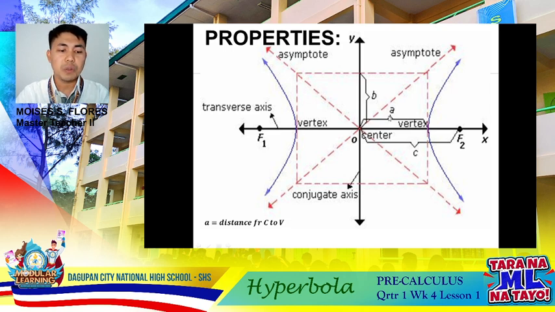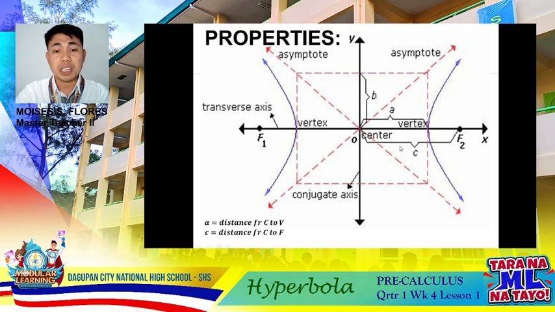The line going from one vertex through the center to the other vertex is called your transverse axis. Now, the foci of your hyperbola are inside each branch, labeled as F1 and F sub 2. Its focus is located some fixed distance called c, the distance from the center to the focus, which is called the linear eccentricity of the hyperbola.